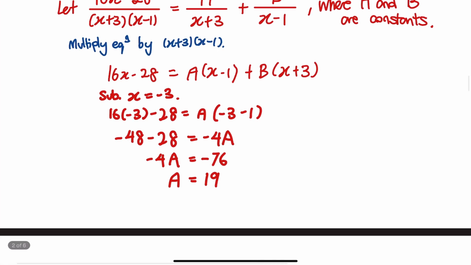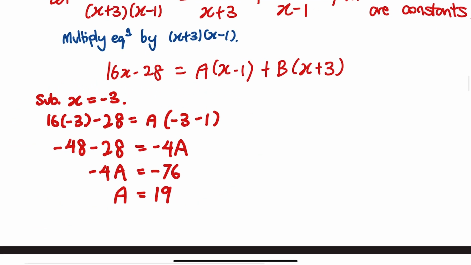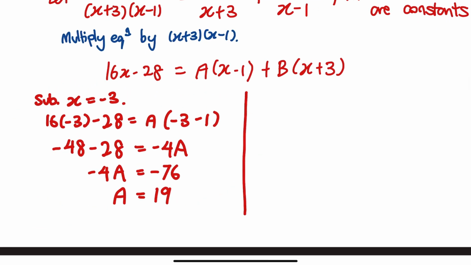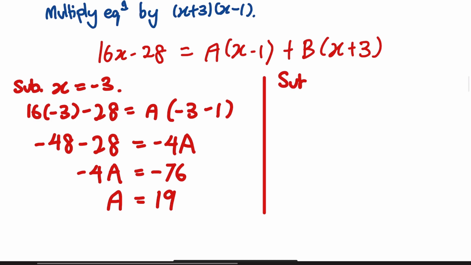This is for finding A. Now I can also find the value of B. How do I find the value of B? We use the same steps. What value of x can you sub in order to get rid of this A over here? And you realize that I can sub in x equals 1, because if I put 1 minus 1, this whole thing will become 0. So I'll sub x equals 1.